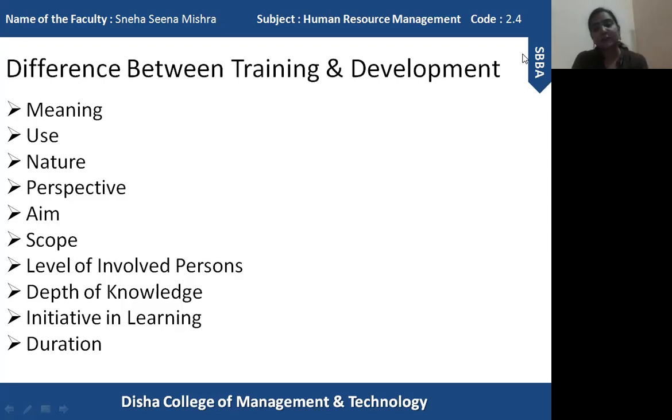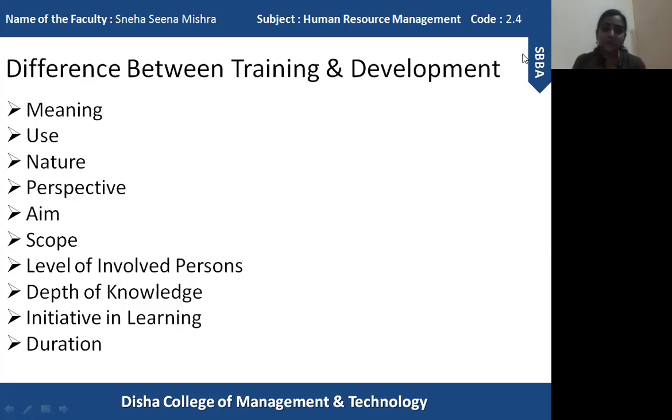Knowledge is a part of development, but in-depth knowledge is not part of the development. So it focuses more on overall development, attitude, personality and various other things. If we compare the level of knowledge imparted in training and development, we can clearly say that detailed knowledge is imparted to an employee under the training program, but detailed and in-depth knowledge are not imparted to an employee going through a development program.